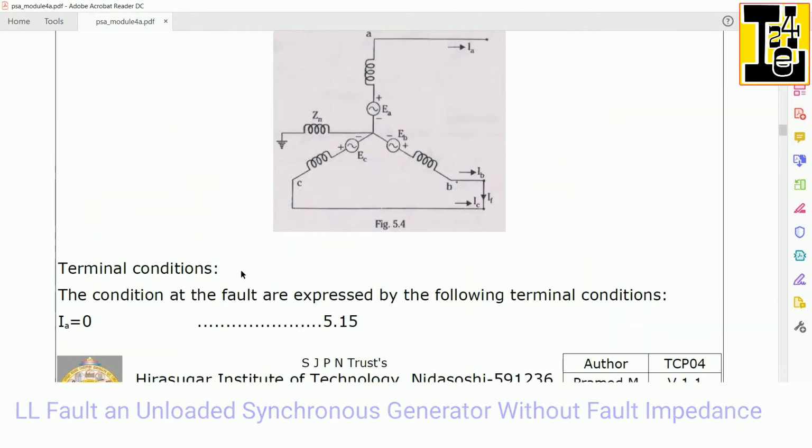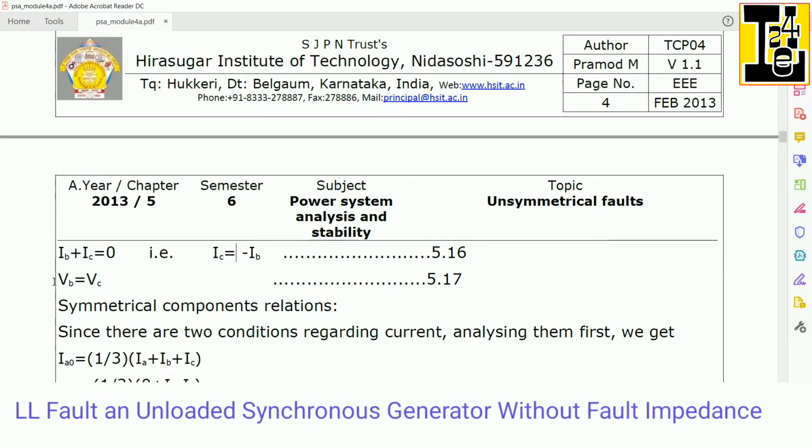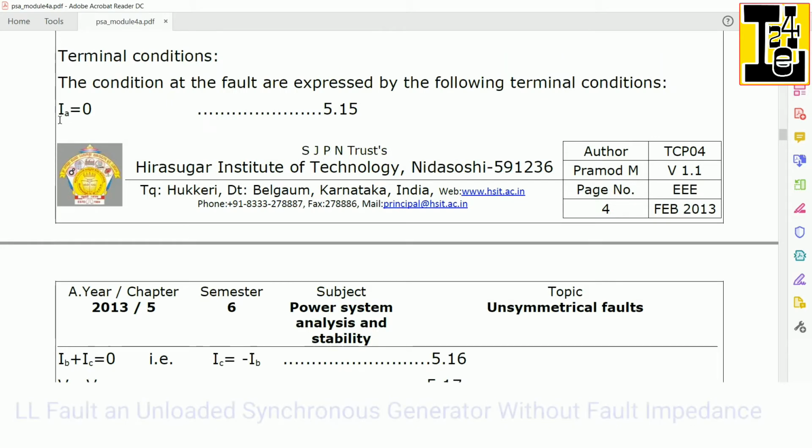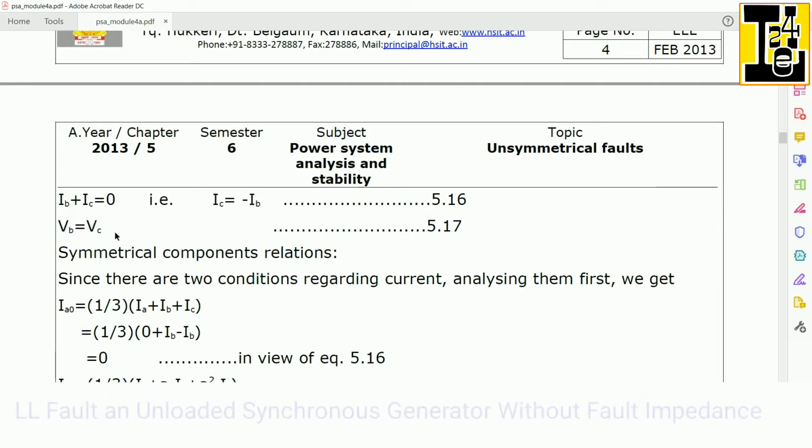When the two phases get short circuited, the voltage at them will become equal, that is VB is equal to VC. So these are the three terminal conditions. First is IA is equal to 0. Second is IC is equal to minus IB. And third is VB is equal to VC.